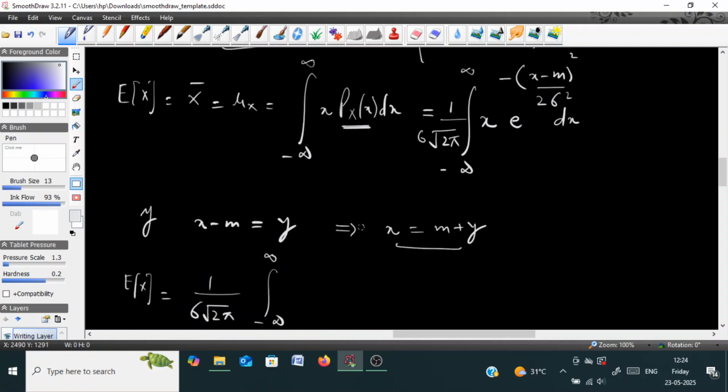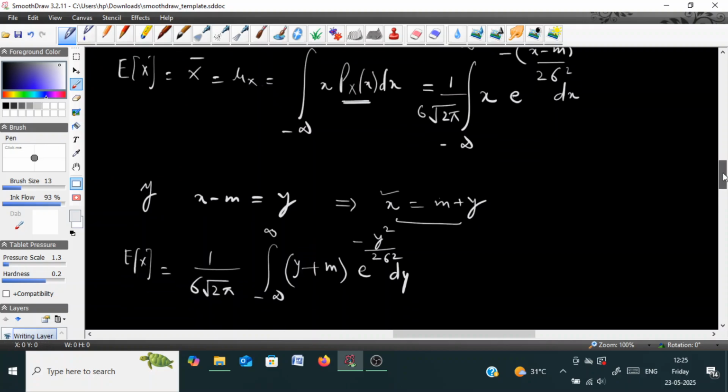X will be replaced as m plus y or y plus m, whatever you write. Y plus m into e raised to power minus y square by 2 sigma square into dy. Where m is constant, so dx is equal to dy.